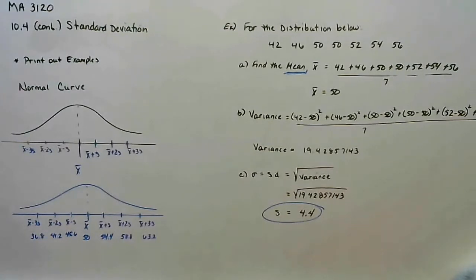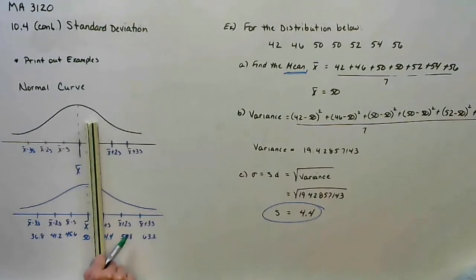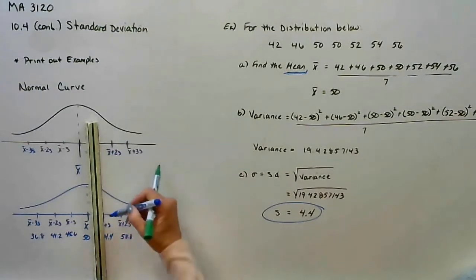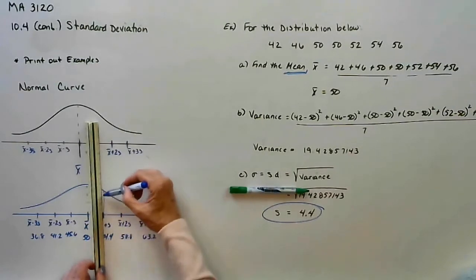Okay? And so it's a pretty good rule of thumb that you want all your scores within 2 standard deviations from the mean. Sometimes you'll see these broken up into little wedges. Here's one standard deviation away.